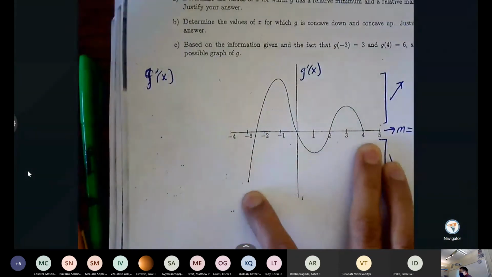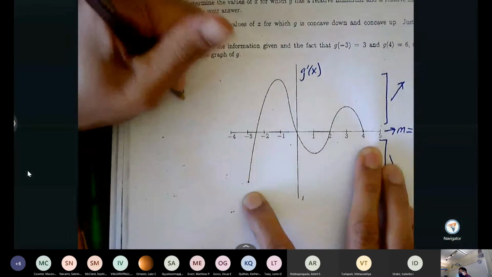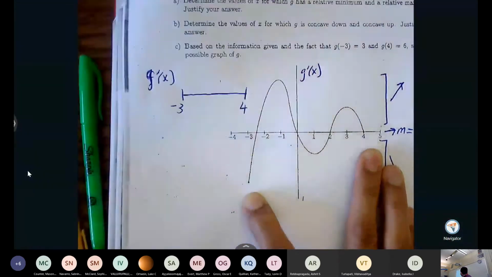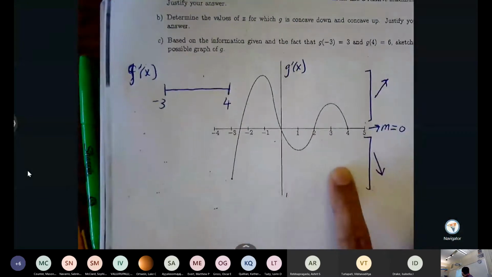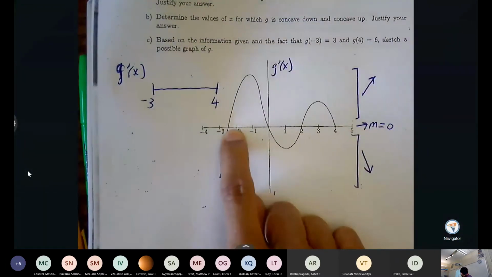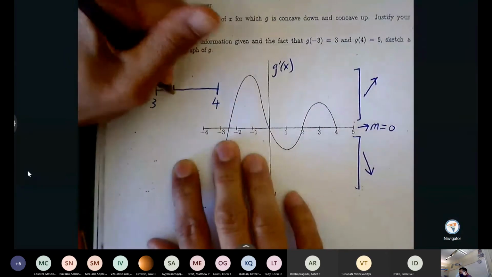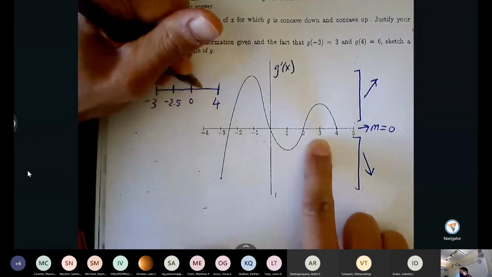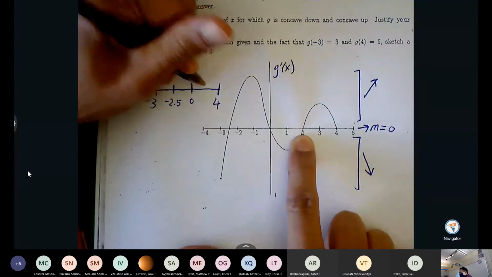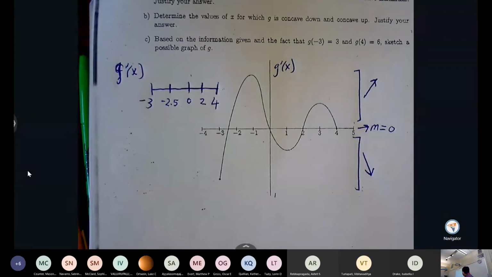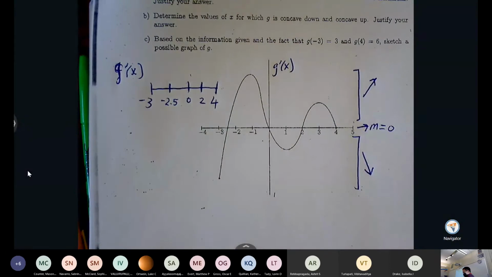My endpoints extend from -3 to 4. My critical points are going to come from my x-intercepts. So that looks like a -2.5 to me, 0 and 2. Okay. Don't look at the shape. Don't look at the slope.